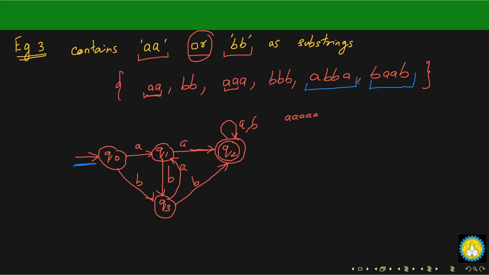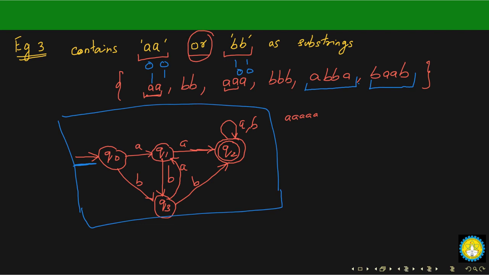You can also be asked about binary strings that contain 0 0 or 1 1 as a substring. This is another formulation of the same question. Similarly, you can be asked like 1 1 or 0 0. All these questions are the same and represent the same DFA.